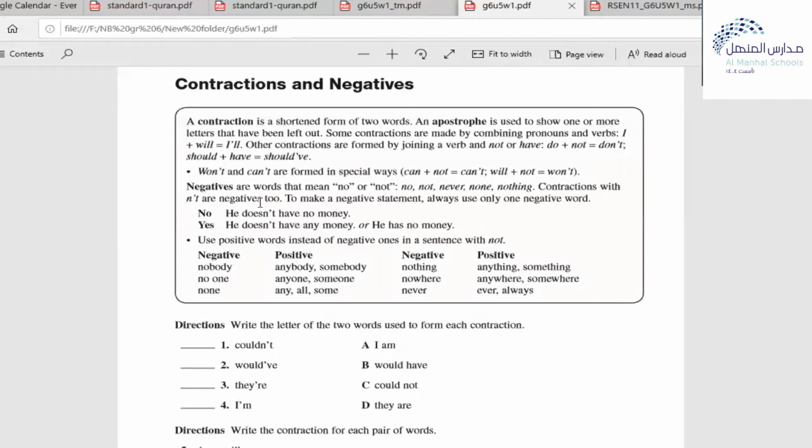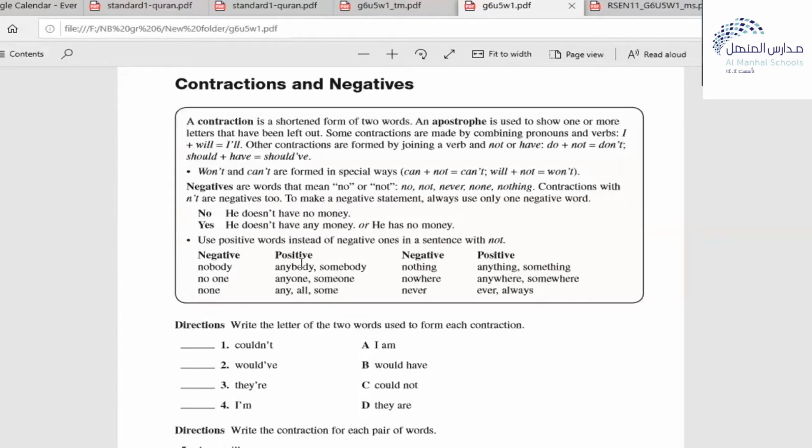Another point to remember is to use positive words instead of negative ones in a sentence with not. Negative words and the positives: the negative nobody, the positive anybody, somebody. The negative no one, the positive anyone, someone.